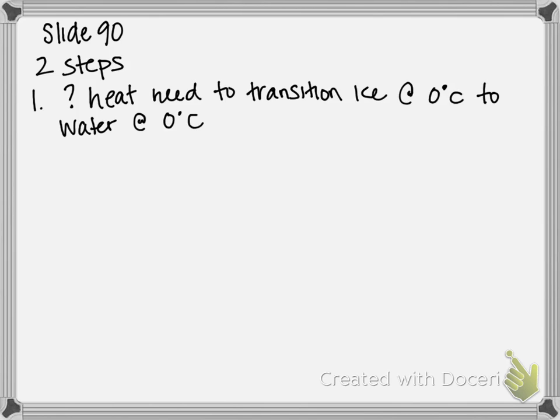Now, our ice is starting at 0 degrees C, and we know that's the temperature that ice melts at. So for this calculation, if you consult back to slide 86, it shows you a bunch of different types of calculations you can do. So we're going to be using the melting calculation because we're going from solid ice to liquid water.